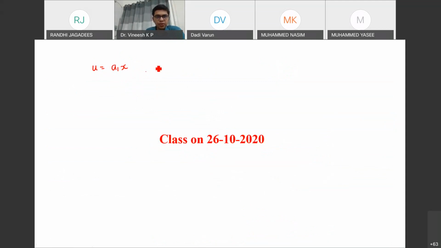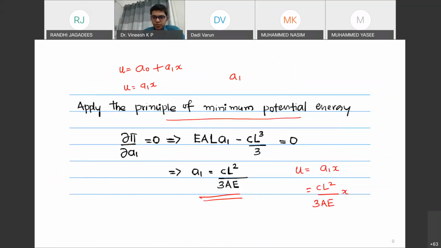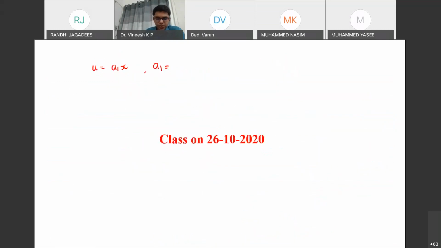Initially we got u is equal to a1x. Then we found the value of a1, which is CL square by 3AE. This is the equation we got. So the displacement you can write as CL square divided by 3AE into x.